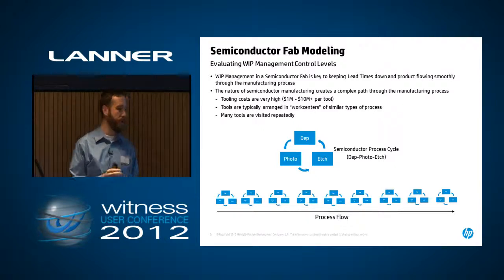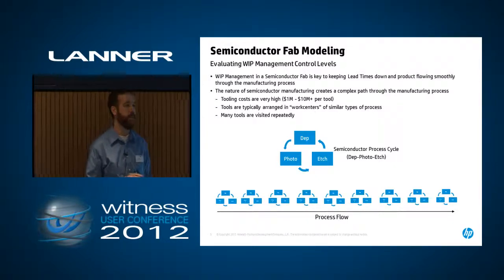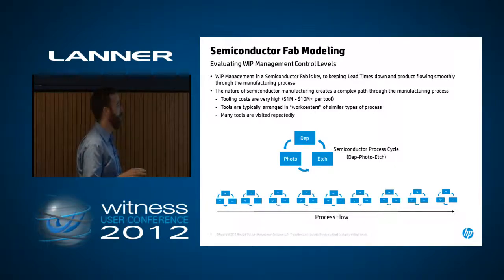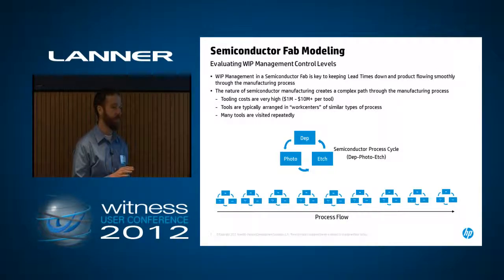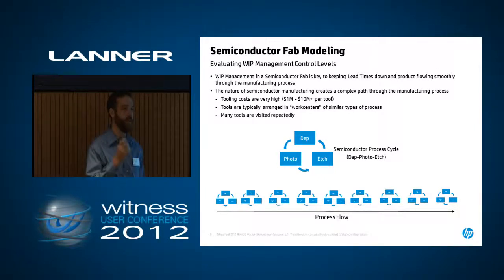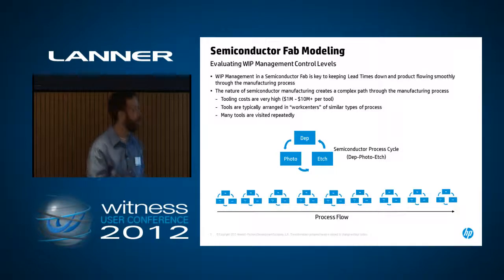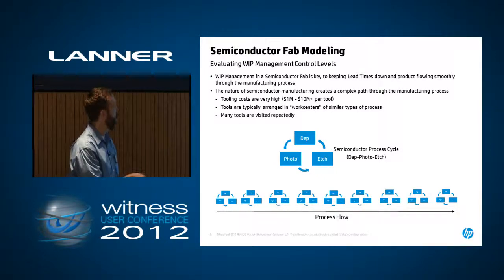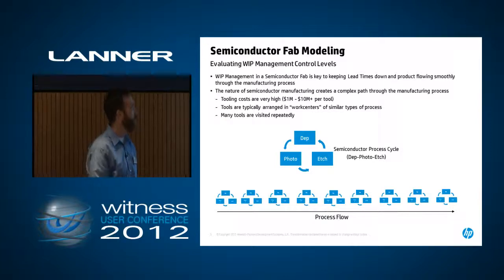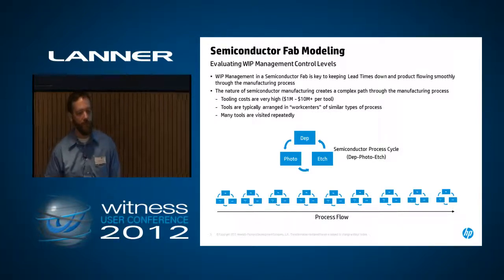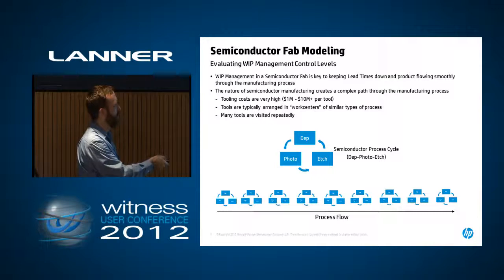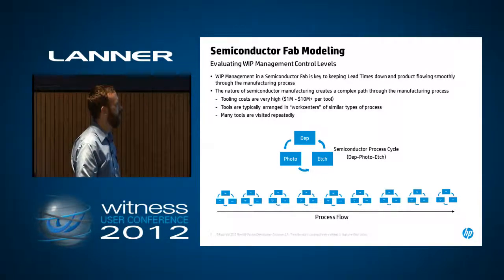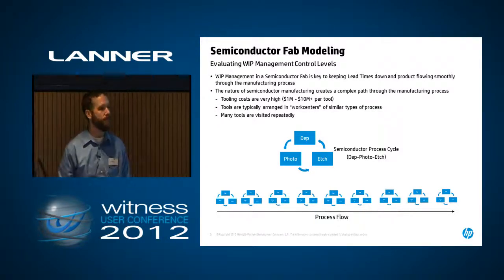There are two peculiarities of semiconductor manufacturing that create a pretty complex path through the factory, or the fab, as it's typically called. One is that the tooling costs are very high. This is probably a smaller range than the more modern tools, but between $1 and $10 million per tool.